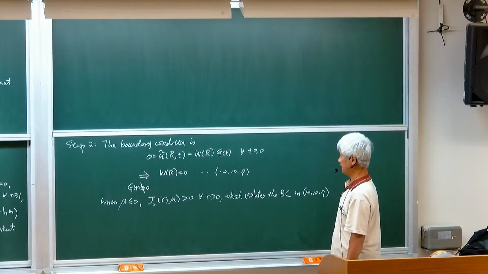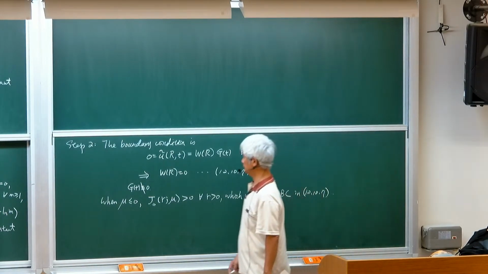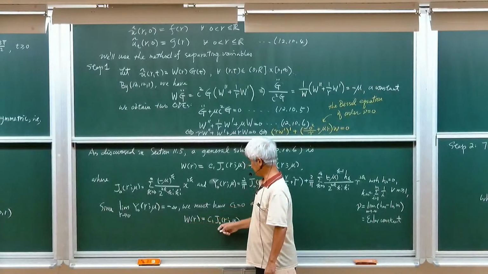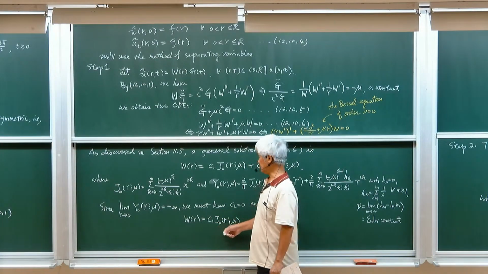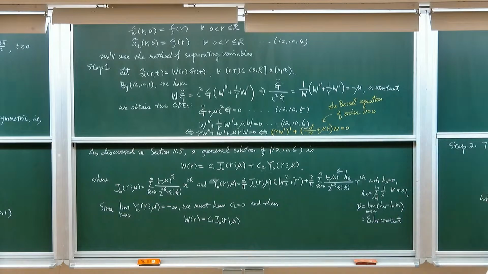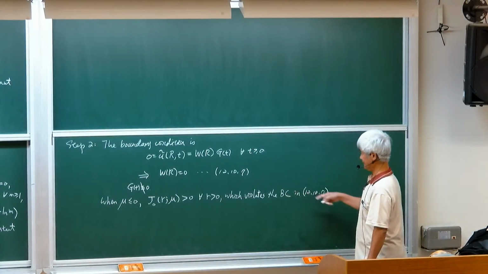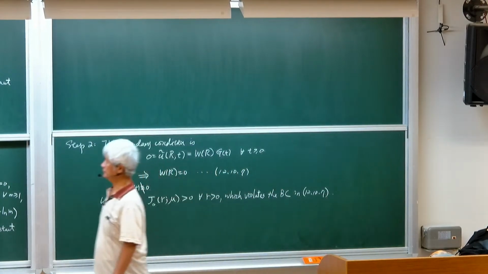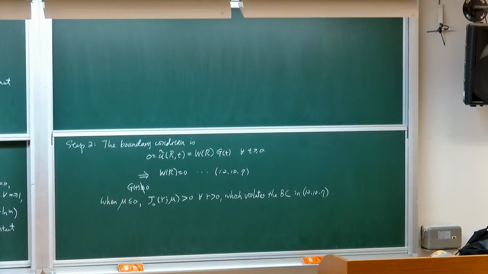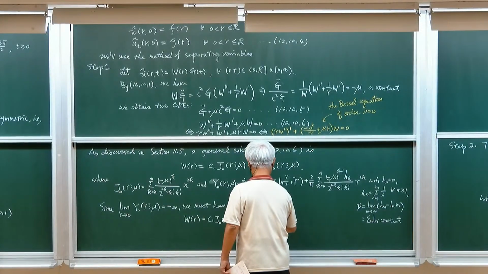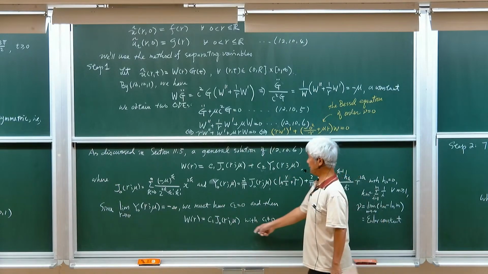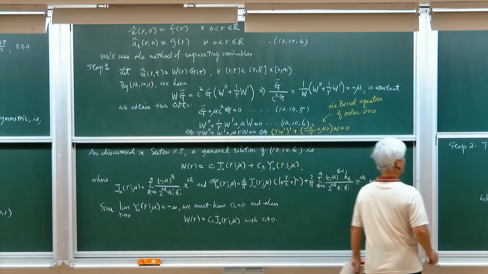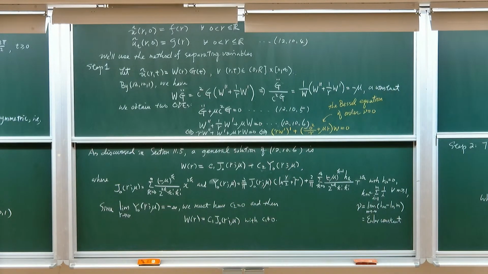Because now the W function is proportional to J0, you can see we have that. Of course C1 cannot be 0, because if C1 is 0, then this is the trivial solution, right?